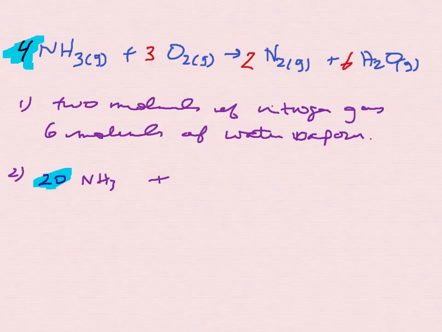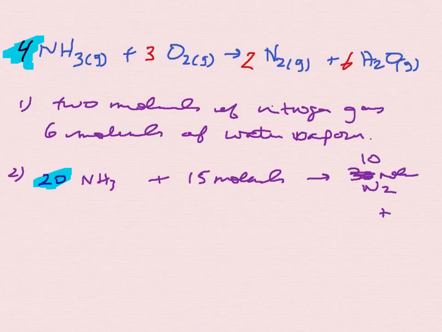We would need 15 molecules of oxygen to finish our sentence, and that would produce 30 molecules of nitrogen and... I screwed that up. That should be 10 nitrogen because it's 5 times bigger. 10 molecules of nitrogen and 30 molecules of water vapor. Everything is 5 times bigger based on changing your proportion.